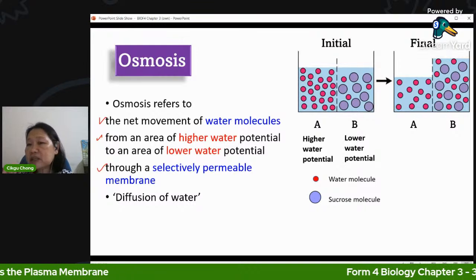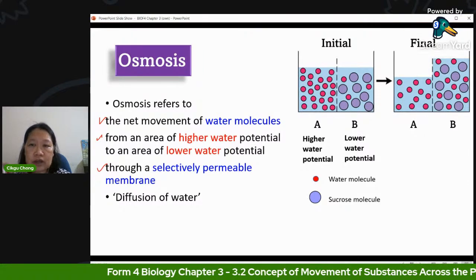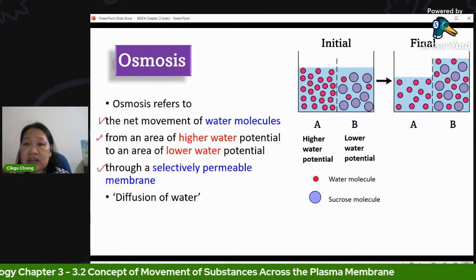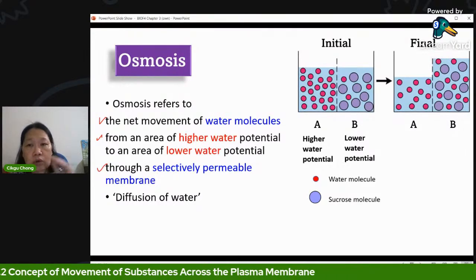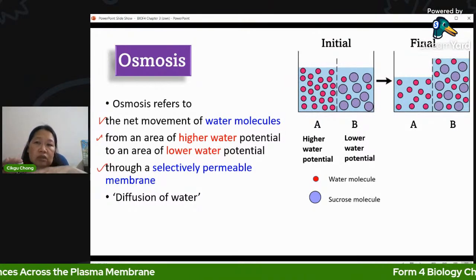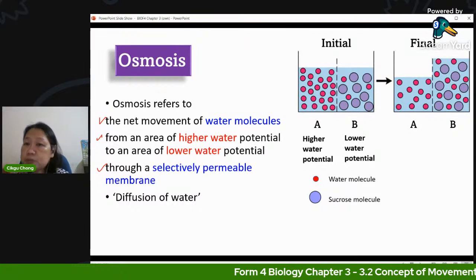Now you will find that the level of water will not necessarily be the same, because on B you have sucrose molecules, so it affects the osmotic pressure. Water will go in from A to B, so in the end the water level of B will be higher, but the molecules remain the same.